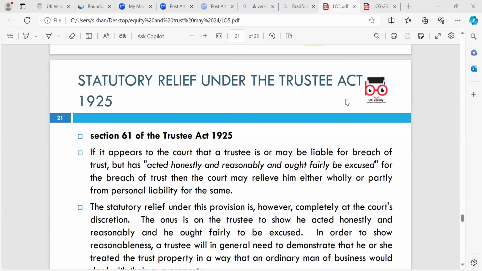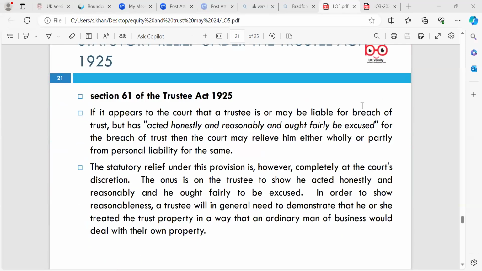The statutory relief under the Trustee Act 1925, section 61, is the one we'll be looking at in regards to this.